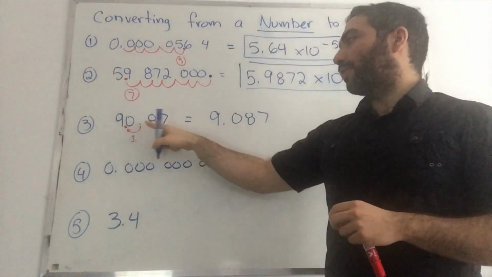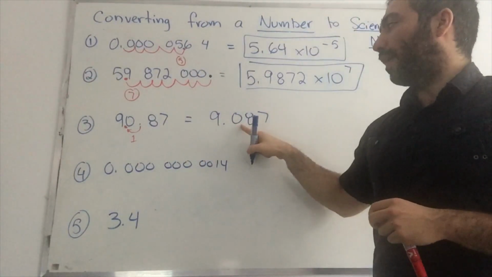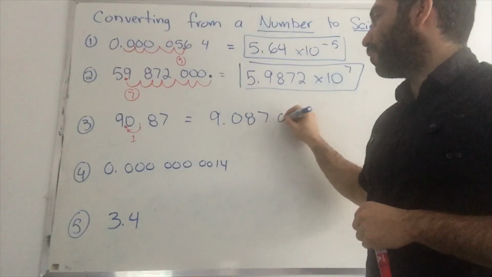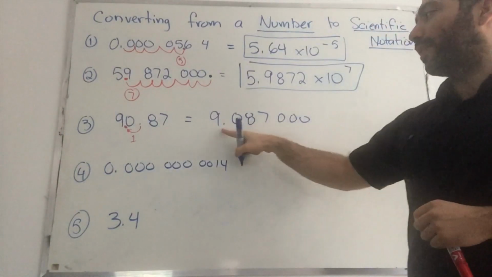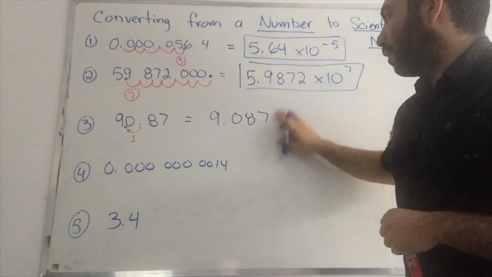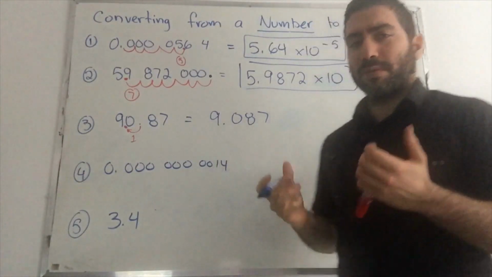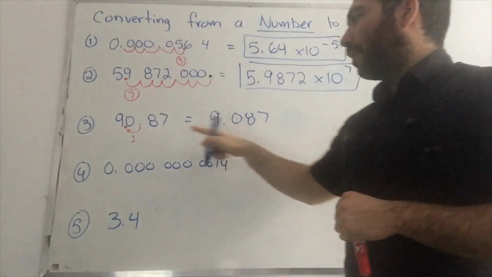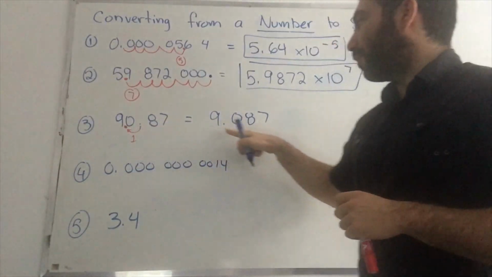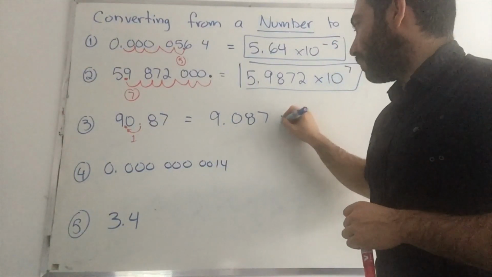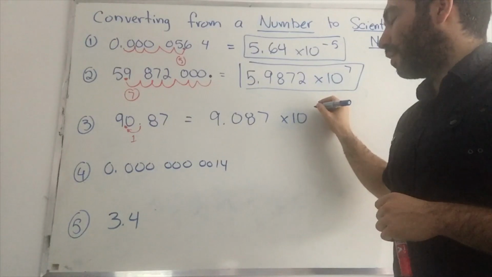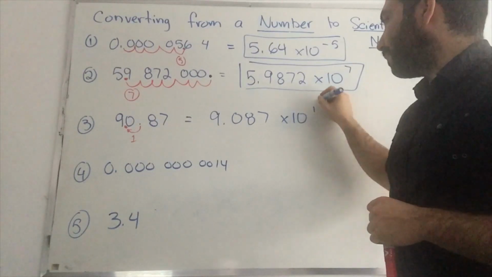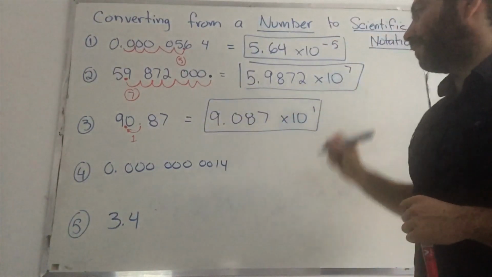Here, notice that the 0 is followed by 8 and 7, so here we do have to write it. You don't have to write the zeros when they finish after the decimal place. But I think just to be safe, you should write down the zeros, especially in the beginning. So here we converted to 9.087 times 10 to the exponent 1. And now this is scientific notation.